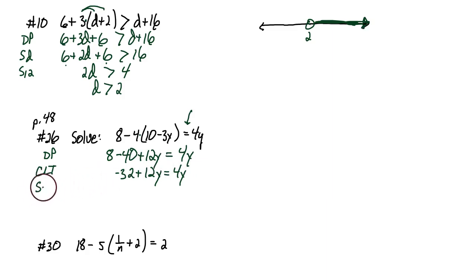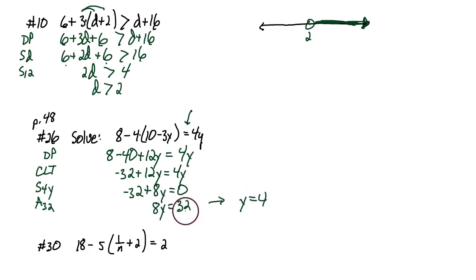Then I'm going to subtract 4y from both sides and get negative 32 plus 8y equals 0. Then add 32 to both sides to get 8y equals 32. Therefore, y equals 4, because 8 times 4 makes 32.